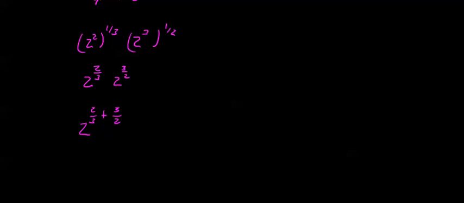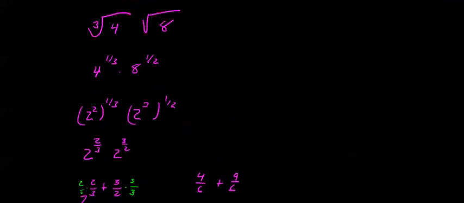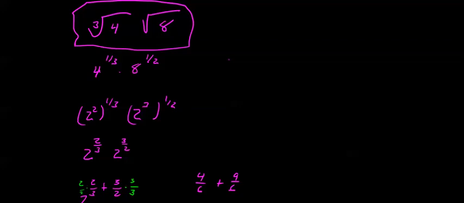In order to add fractions, I need a common denominator, multiply by 3 over 3, 2 over 2, and I end up with 2 to, this is 4/6 plus 9/6, 13/6, 2 to the 13/6 power in exponential form. Now, taking this original problem, I would have had no way of doing this prior to this.